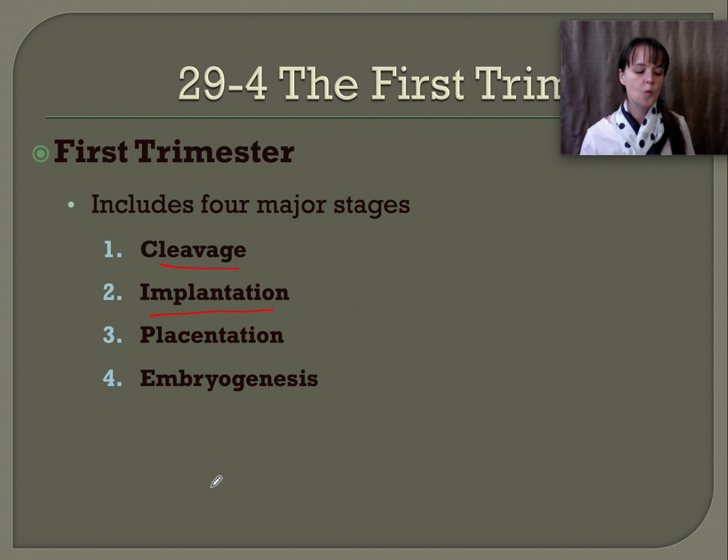Implantation is when the pre-embryo attaches to the uterine wall and embeds itself in the functional zone. 3 is placentation, which is growing a placenta. Placentation. Still weirds me out that T-I-O-N is shun. So is C-I-O-N, shun. How does that make sense? And embryogenesis is growing a viable embryo.